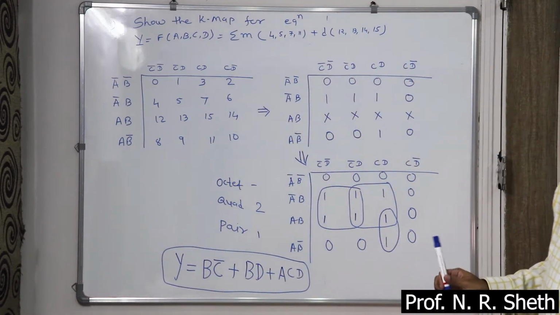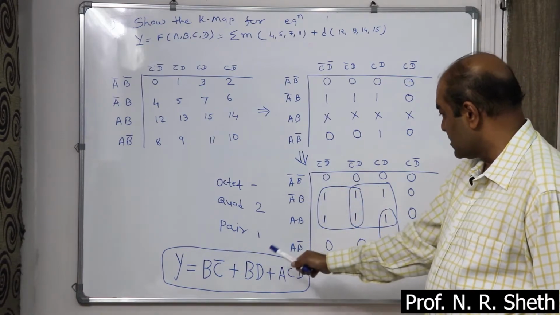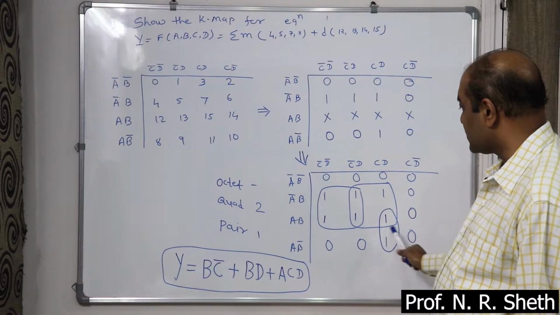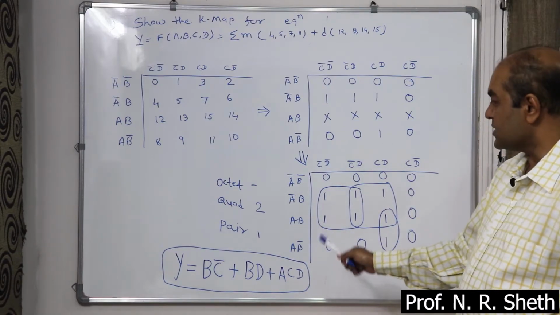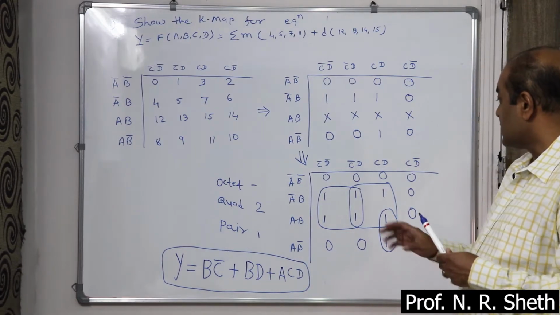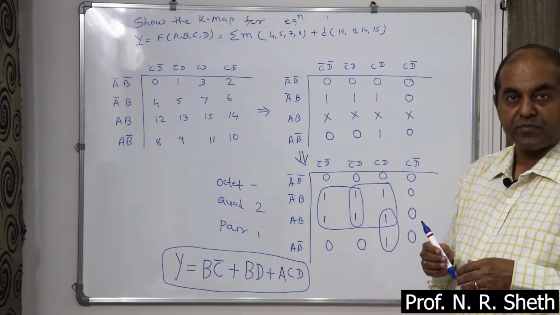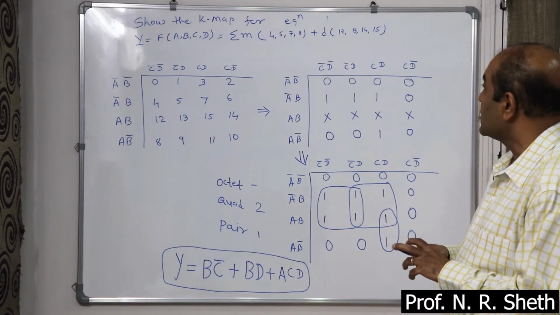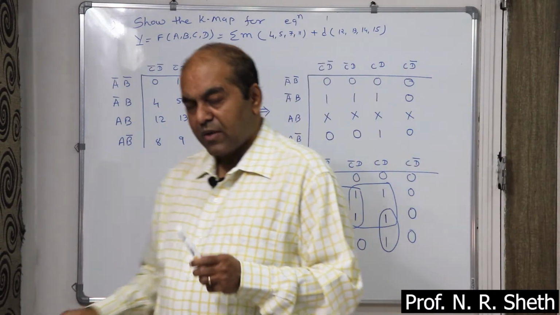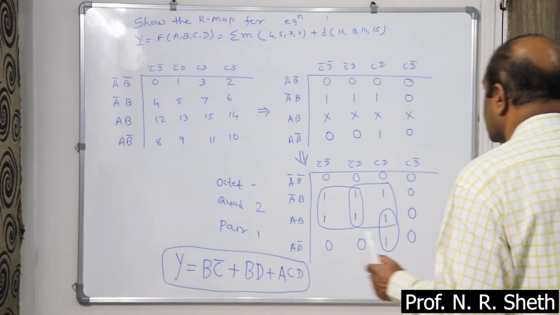So your Y equals BC bar plus BD plus ACD. Okay, so this is the simplest form of your K-map in the particular don't care condition. Now if I make only one change in the K-map, the entire scenario is going to change.